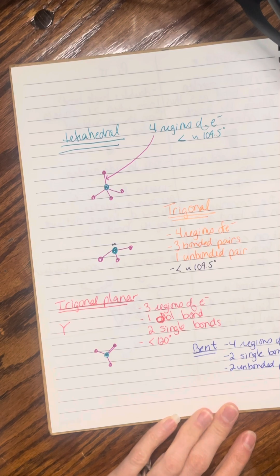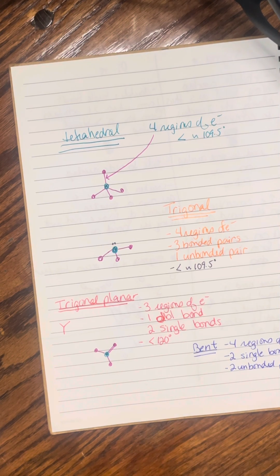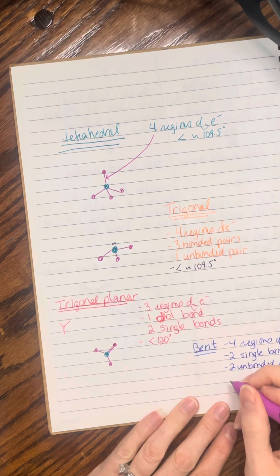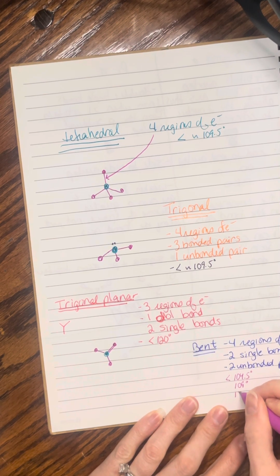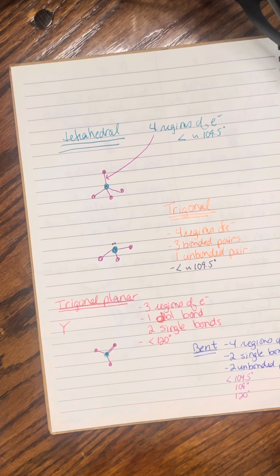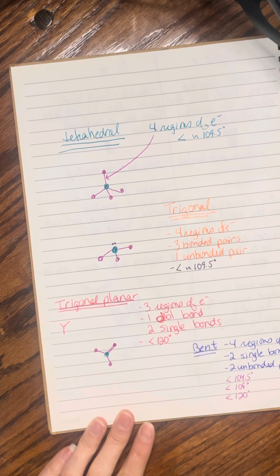Okay, 2 of those are unbonded pairs. So it says that these angles can technically be 104.5 degrees or 109 degrees or 120. I think it gave the exact degree of water, because water is one of the typical bent ones, but I can't recall what that was.